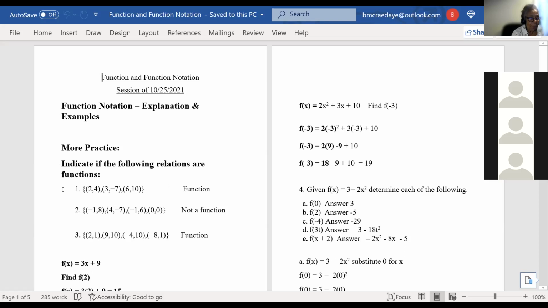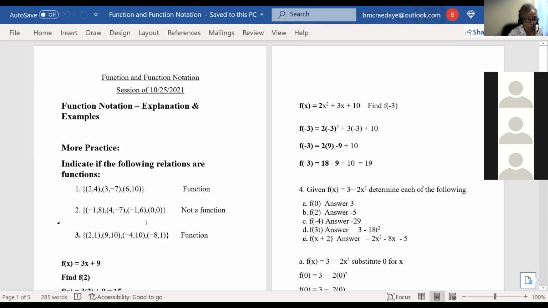These pairs represent a function because all of your x values are different. If I have duplicate x values, then they do not represent a function. Like in number 2, notice x -1 appears here and x -1 appears here. So it can't be a function if the x values are paired with more than one y value. So it has to be different x, y pairs.